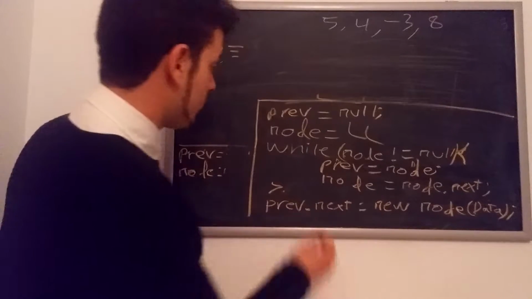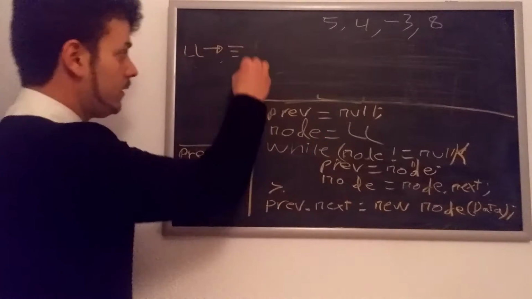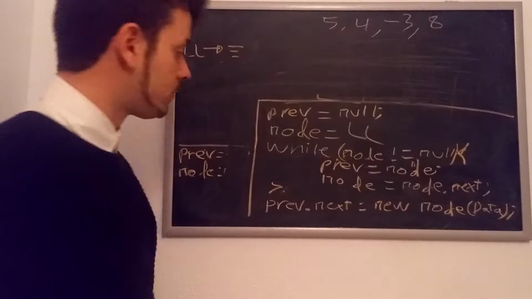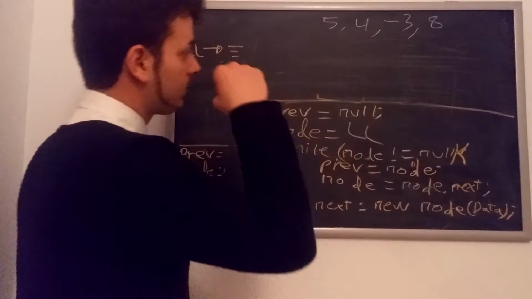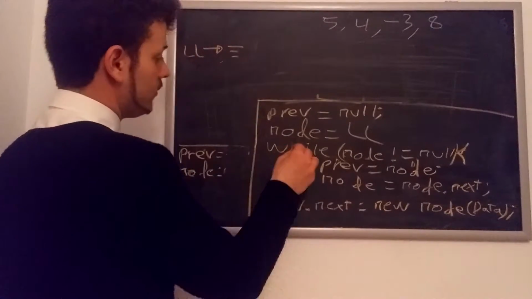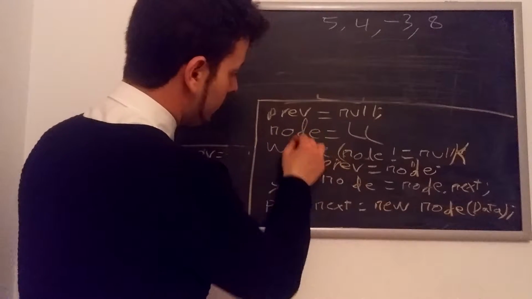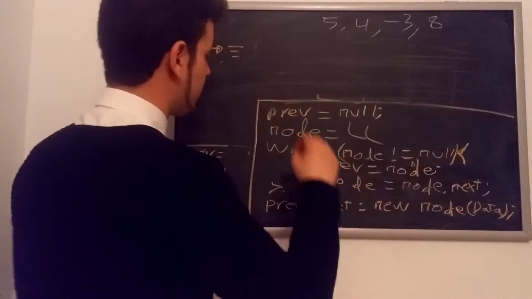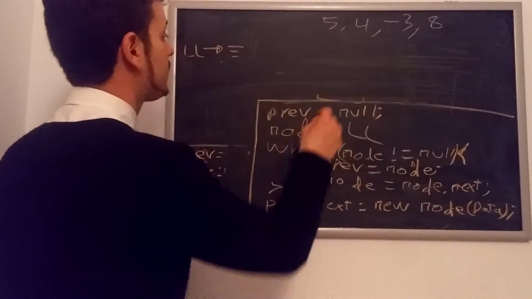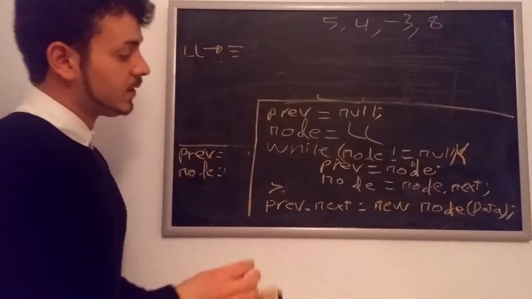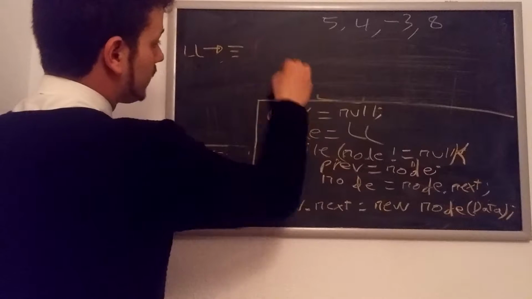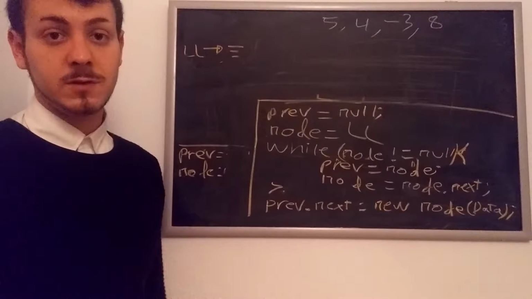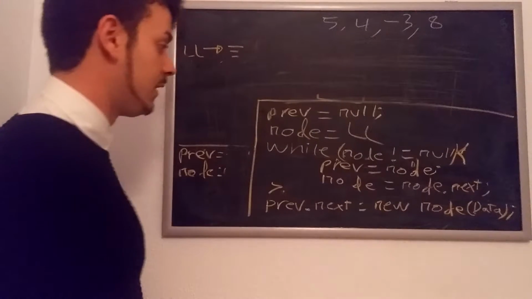And what we do is, while the current element is not null, we're going to be iterating through the next element, making node be its next element. Node equals node.next, which means we're going to be iterating through the pointers until we reach the end of our list.